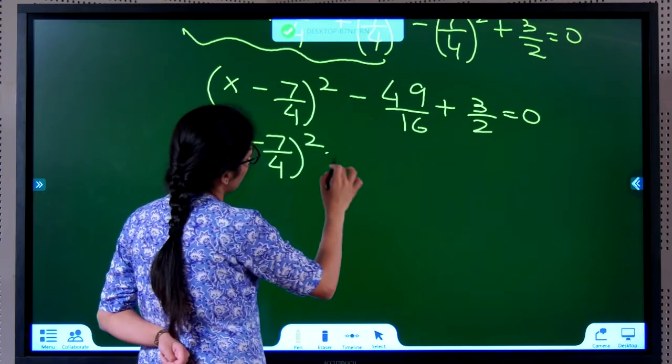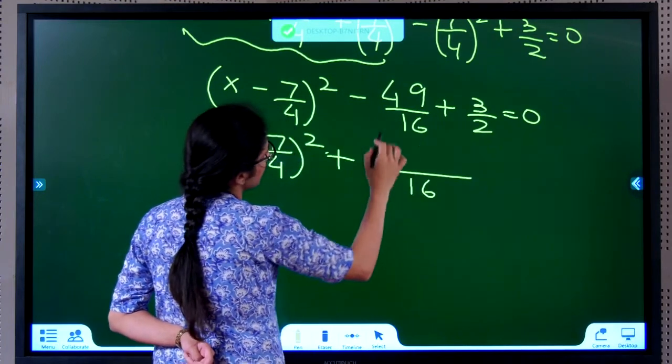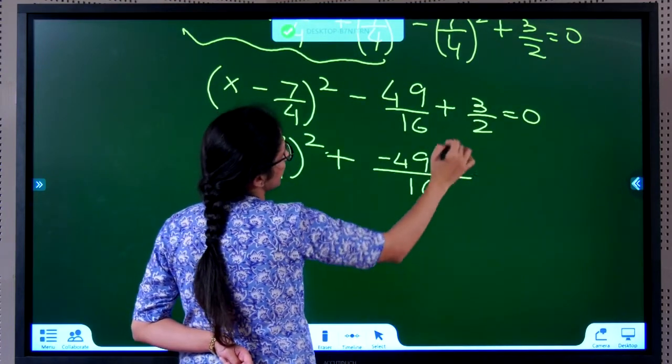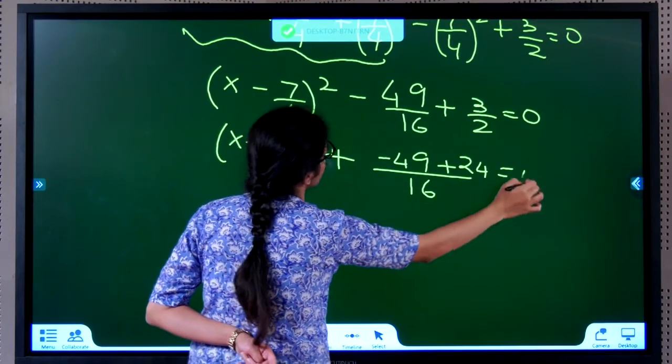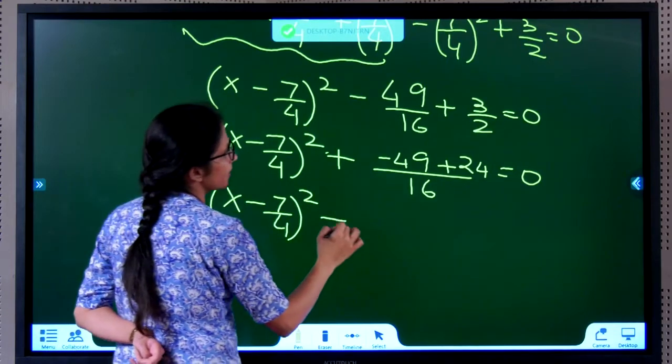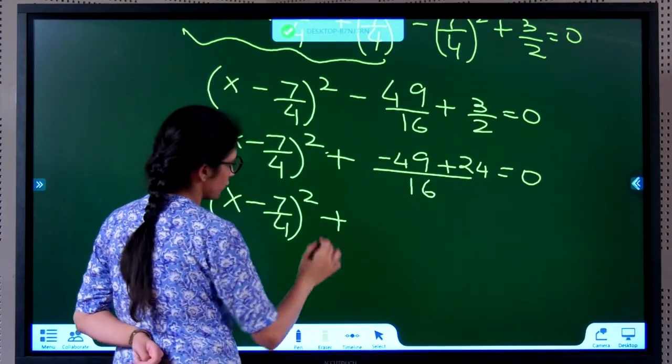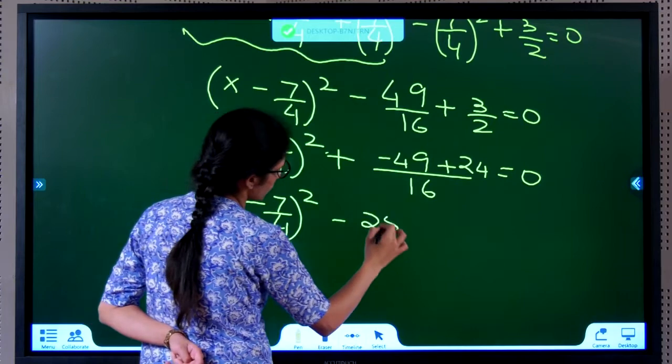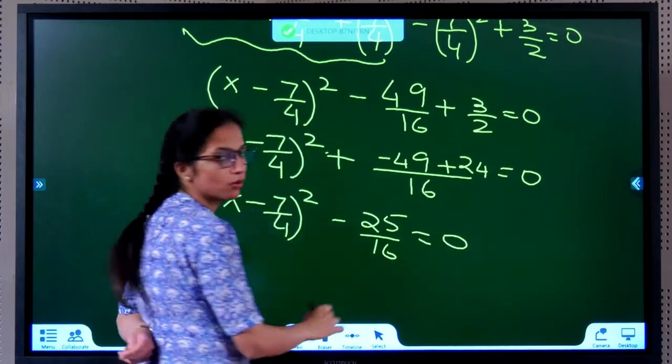Plus LCM is 16, minus 49, multiply and divide with 8, so plus 24 is equal to 0. So x minus 7 by 4 the whole square, minus 49 plus 24 is minus 25, so minus 25 by 16 is equal to 0.